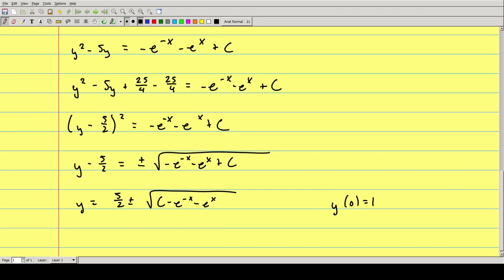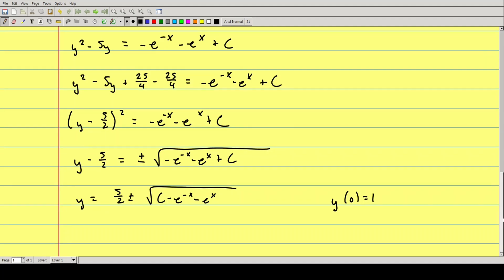The next step is to apply our initial condition. And so we say that 1 is equal to 5/2 plus or minus the square root of c minus e to the 0 minus e to the 0.